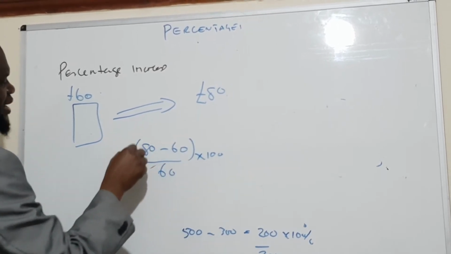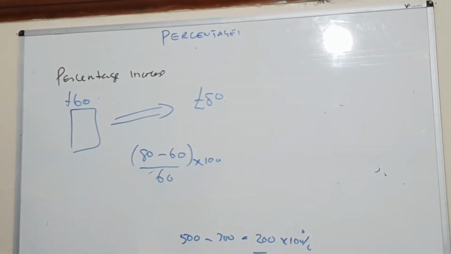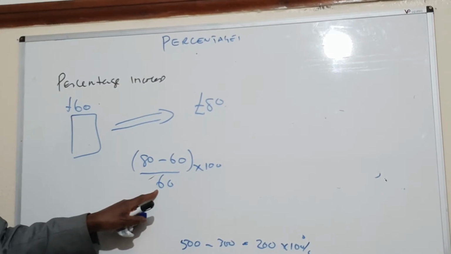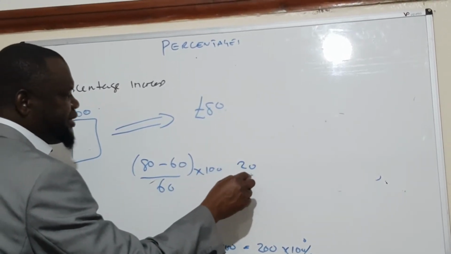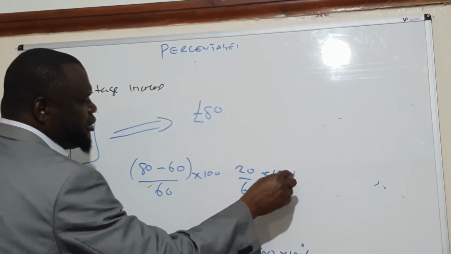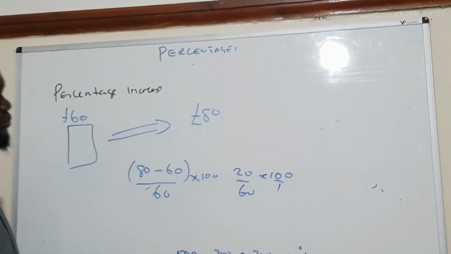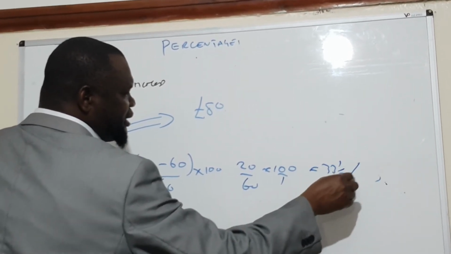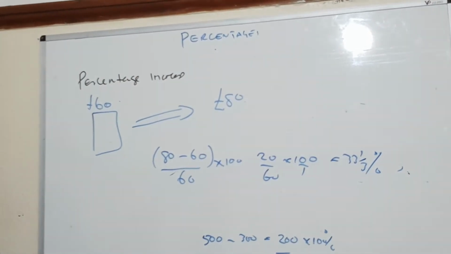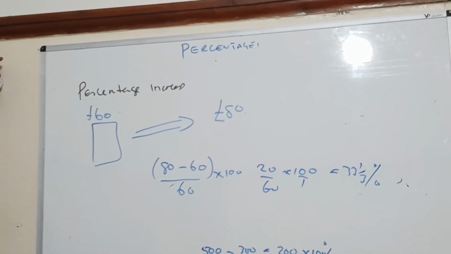Here you are finding by what amount it increased, as a fraction of 60, the original price. That is going to be 20 over 60 times 100, which is basically equal to 33 and 1/3%. This is what we call percentage increase.